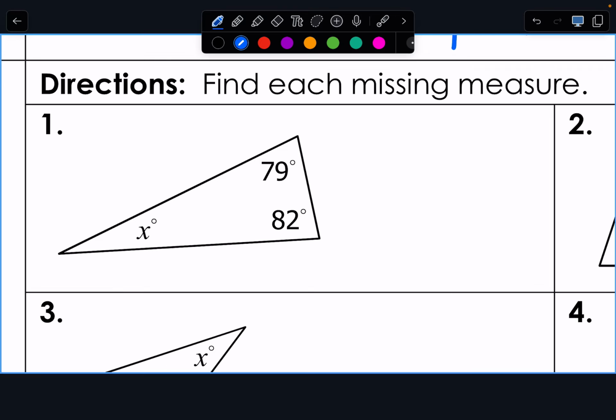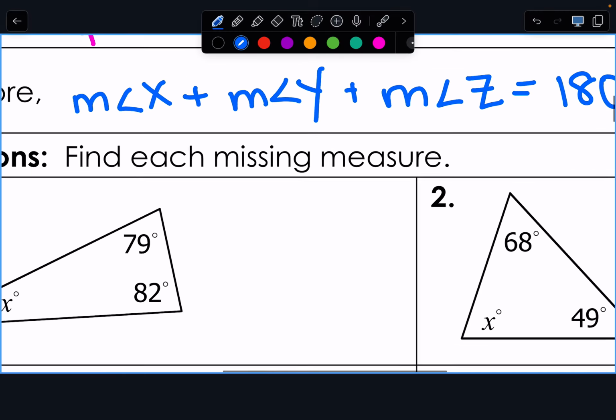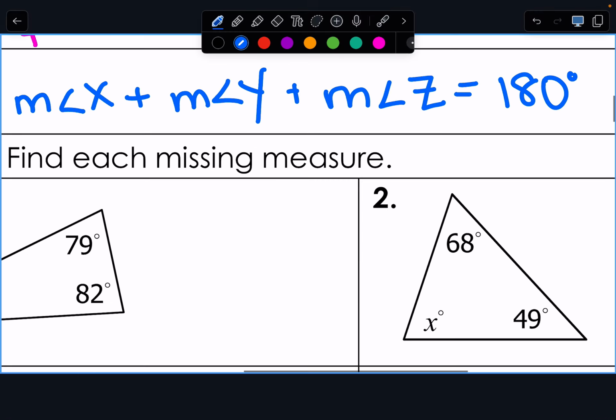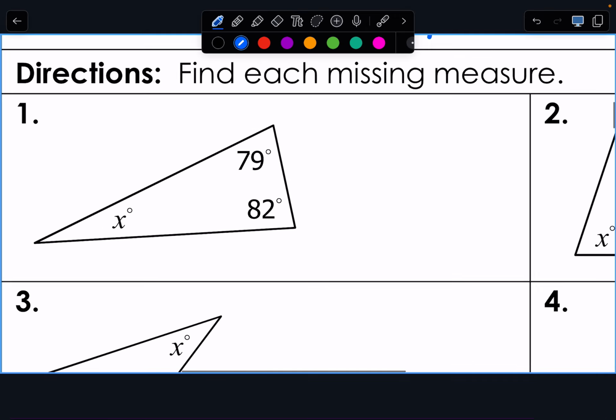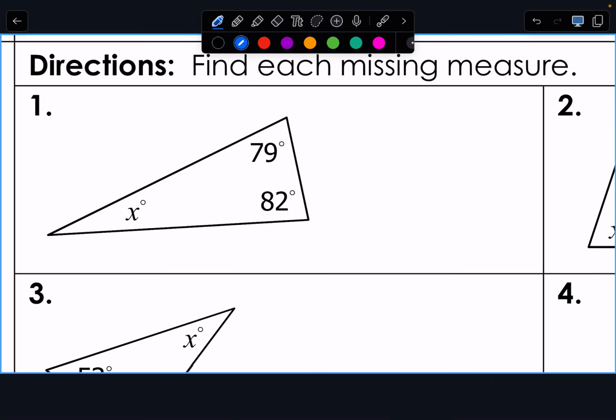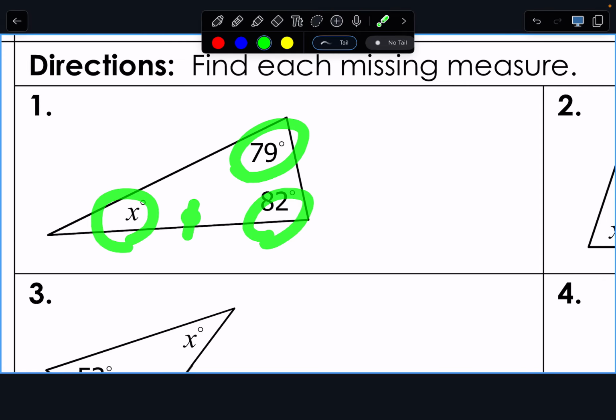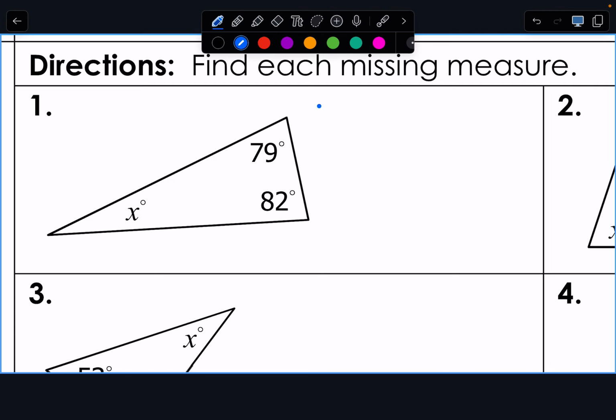So what do we know about the 3 angles of a triangle? Okay, so this is what I'm going to do. I'm going to take each of these 3 and add them together to equal 180. So we know that x plus 79 plus 82 equals 180. Write it down.